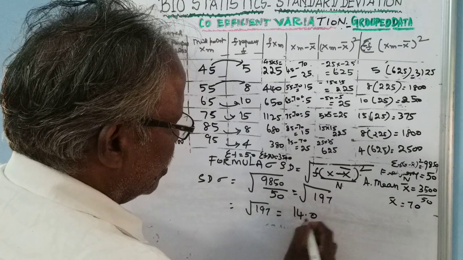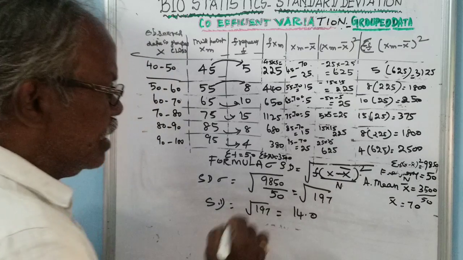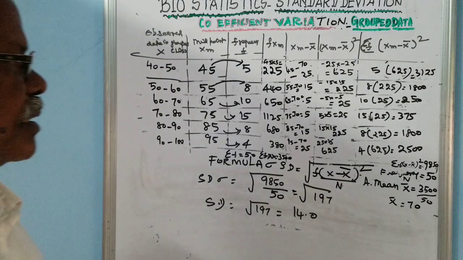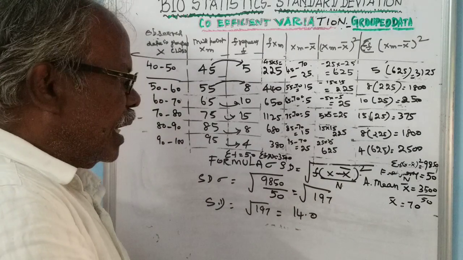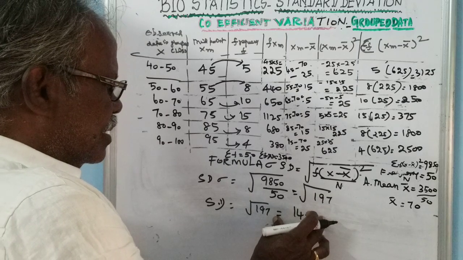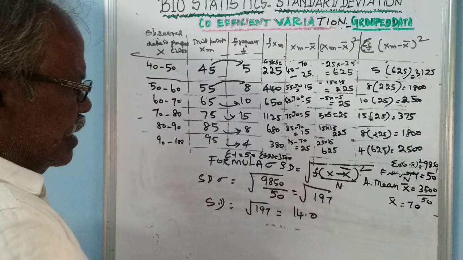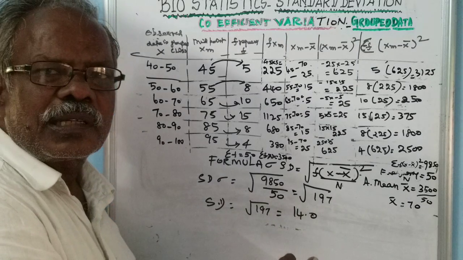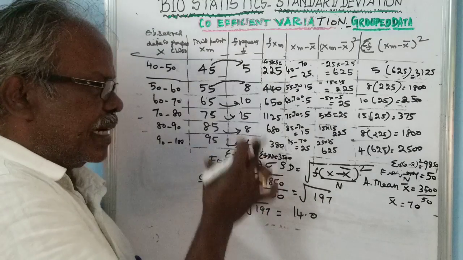So the standard deviation we have arrived at is 14. Now we have seen how the standard deviation is calculated for this data.